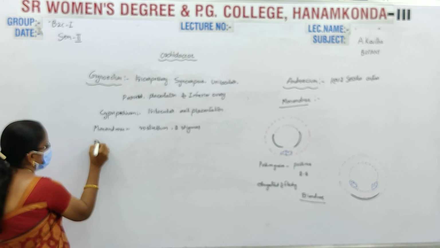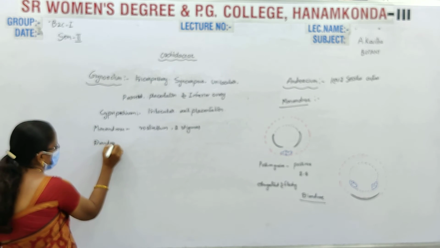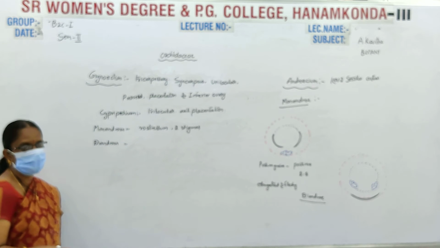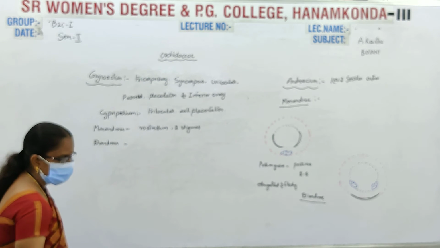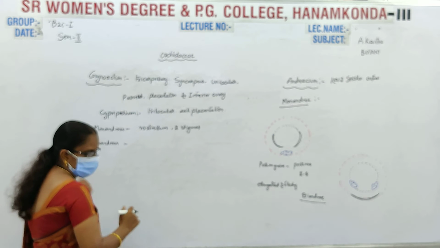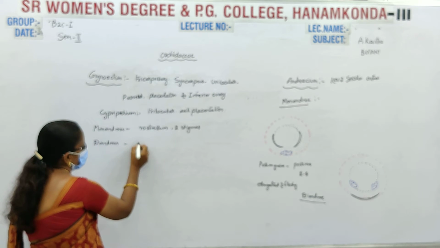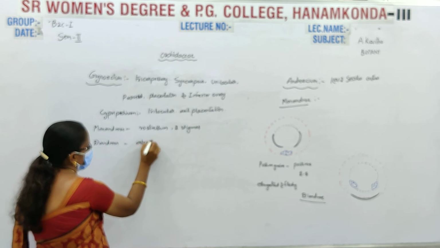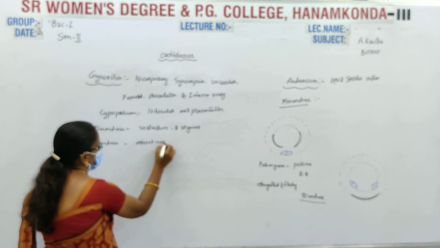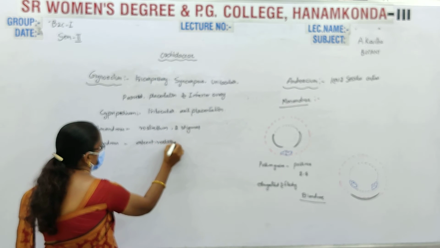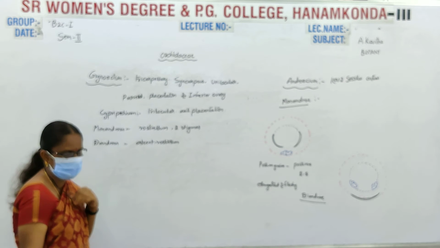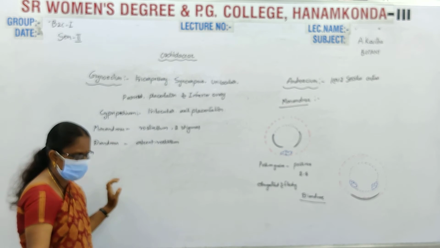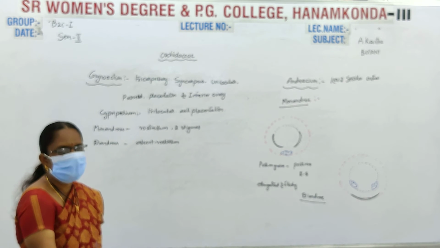In diandrous forms, the rostrum structure is absent, and all stigmas are fertile.